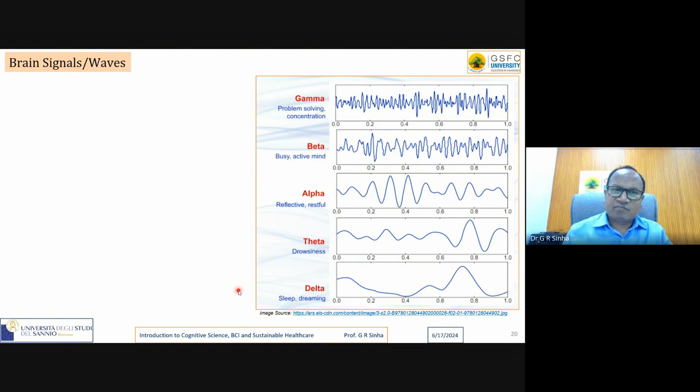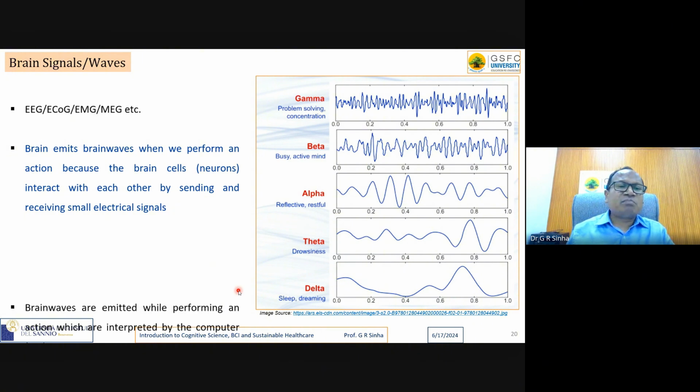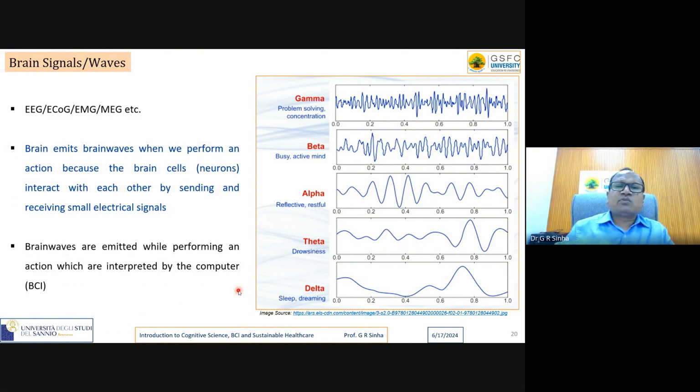Let us just understand what we mean by brain signal with the help of EEG, because as I mentioned, EEG are very basic signals and popularly used. Otherwise, there are many signals like EEG, electrocardiogram. We will discuss what is ECOG later. EMG, then MEG. MEG is a magnetoencephalograph, right? Electromyogram. I think this we have studied. We have seen in the previous slide.